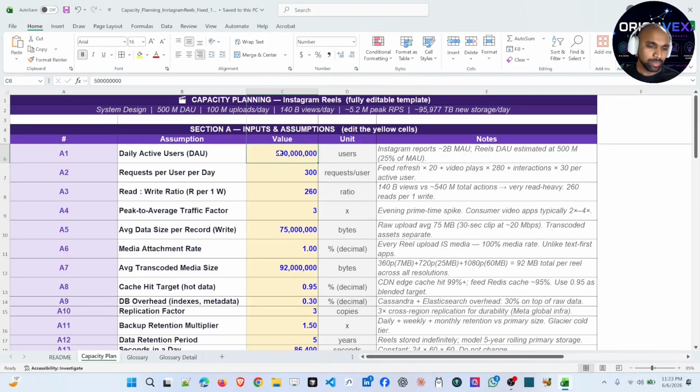Let's see one by one. The assumptions are daily average users. As we said earlier, we are taking 500 million daily average users. Requests per user per day is around 300.